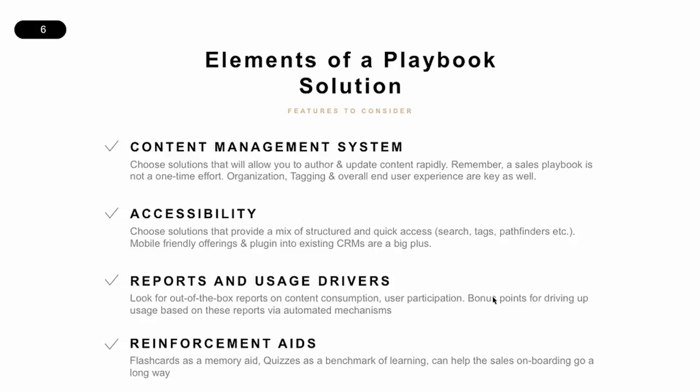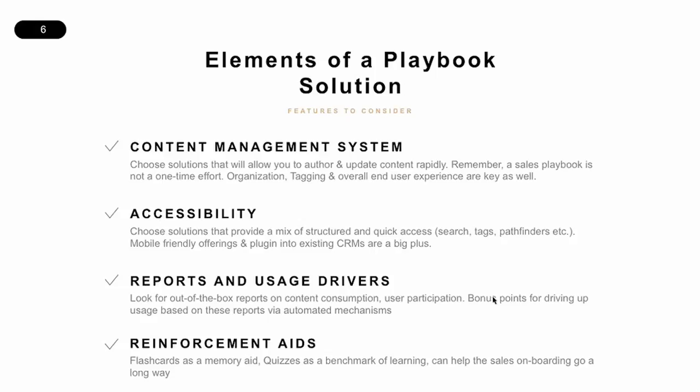Being able to organize content in a hierarchical fashion, and allowing salespeople to use a powerful search function to find the content they are interested in very quickly. Being able to plug into an existing CRM so that the content gets surfaced contextually within a lead field is also considered under accessibility.